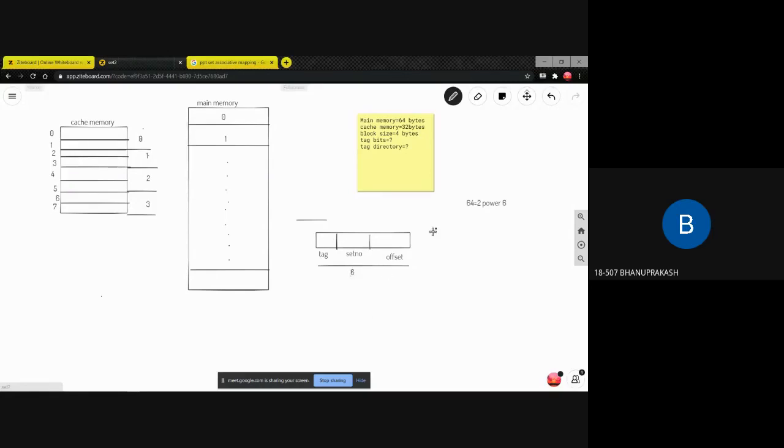We are given the cache memory is 32 bytes and the block size is 4 bytes. First we should find the cache lines. Cache lines are given by cache memory divided by block size.